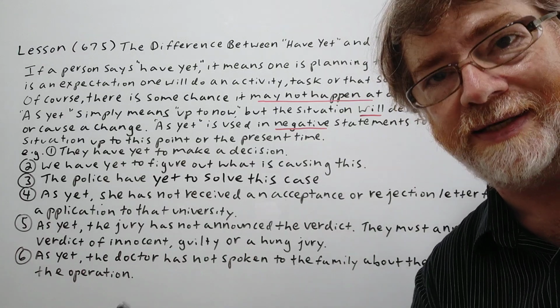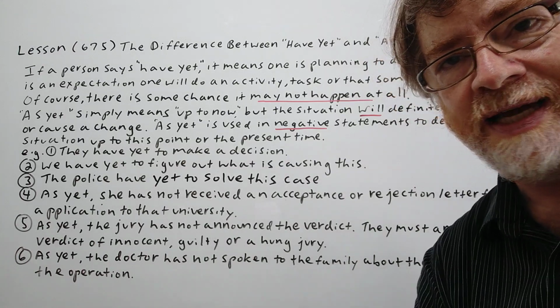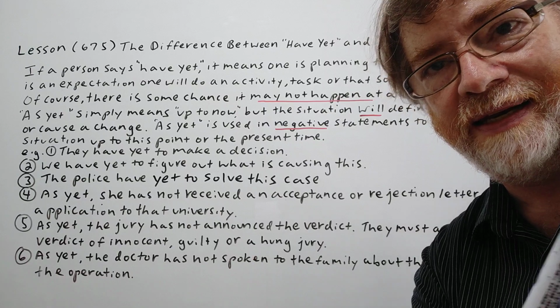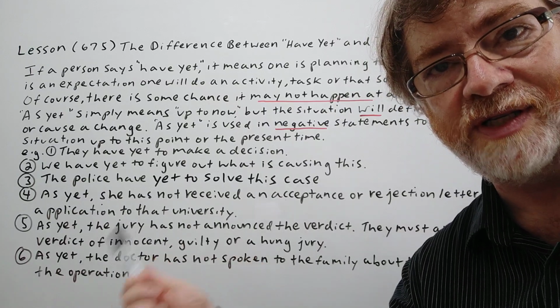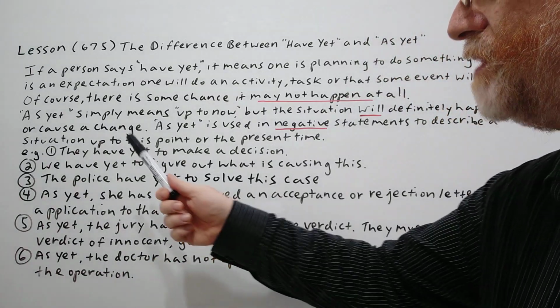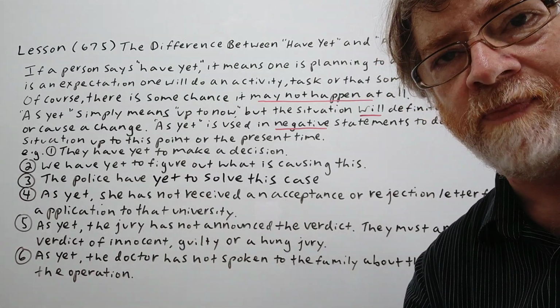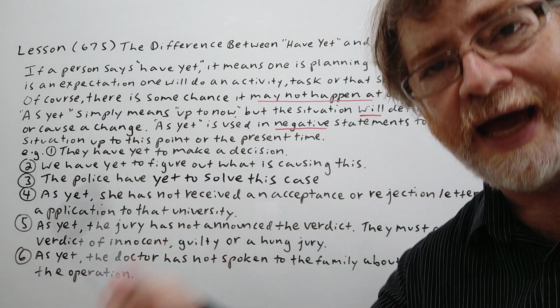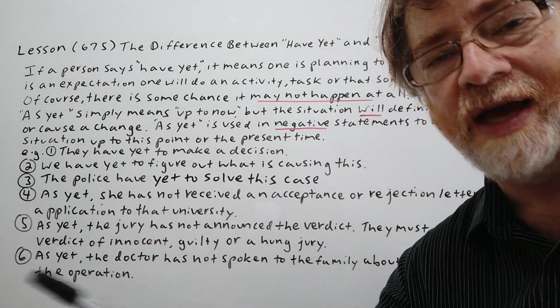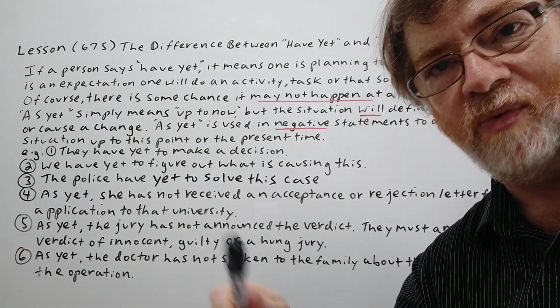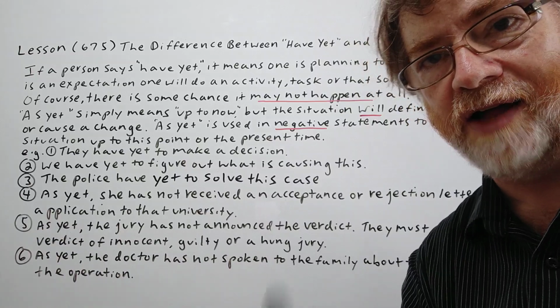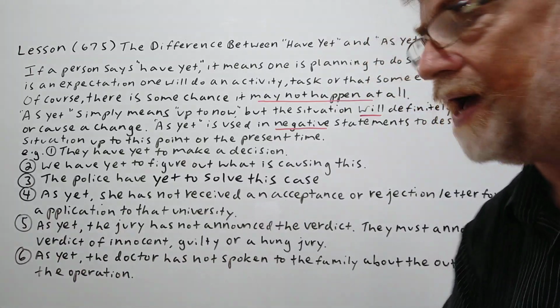They're called cold cases. They eventually run out of hints, and they just get filed, and they're never, ever solved. So we tend to use have yet with situations like this. Now, is it possible that at some point they will solve it? Yes. So with have yet, there is that possibility that it will one day get solved, but not yet.